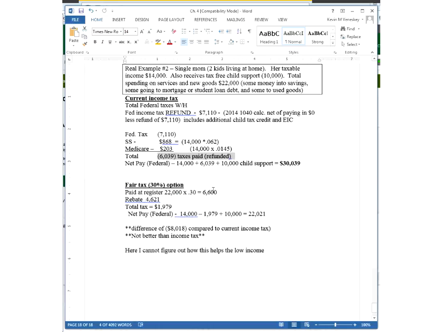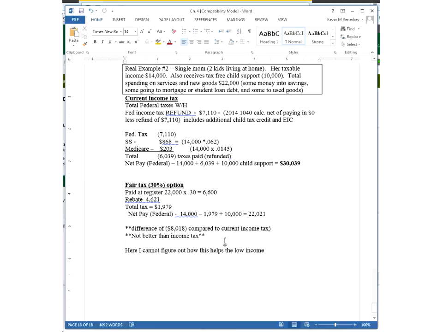Fair tax option: she paid $22,000 at the register, so that totaled out to be $6,600 in taxes. She gets back $4,600 in taxes as a rebate. Thus, she's paying just under $2,000 and getting back just over $6,000. That's a big difference. $8,000 in difference.